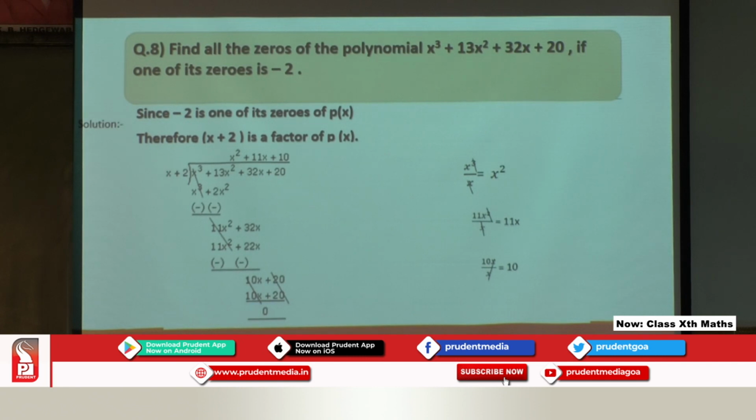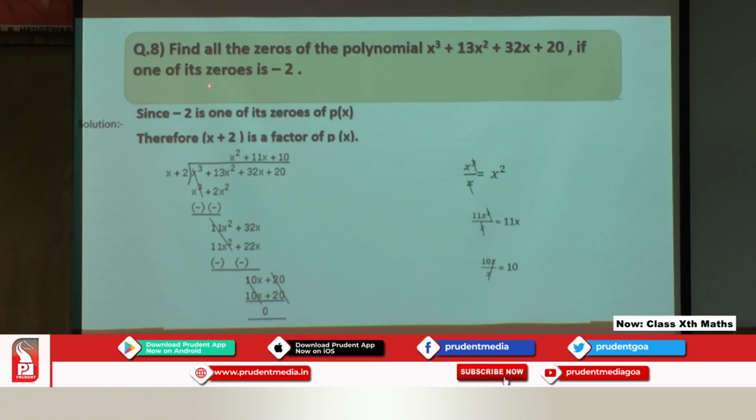Now see this question: find all the zeros of the polynomial x cube plus 13x square plus 32x plus 20 if one of its zeros is minus 2. In the previous question two zeros were given, but here only one zero is given, that is minus 2.